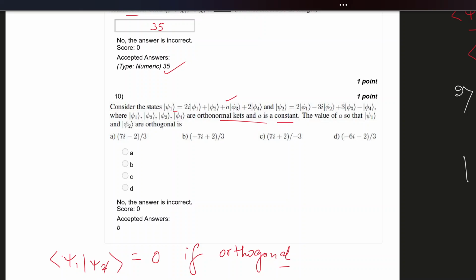A is not mentioned to be real anywhere, so we assume it is complex. So A star phi 3 plus 2 is real, so nothing changes, phi 4 multiplied by 2, so it remains same.